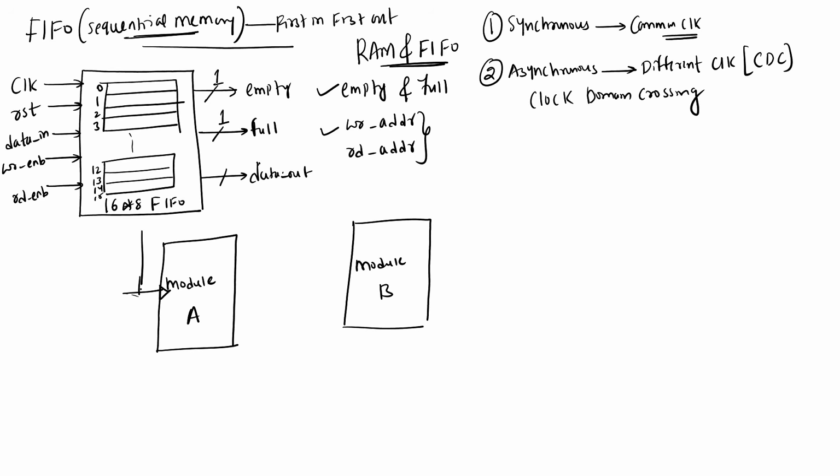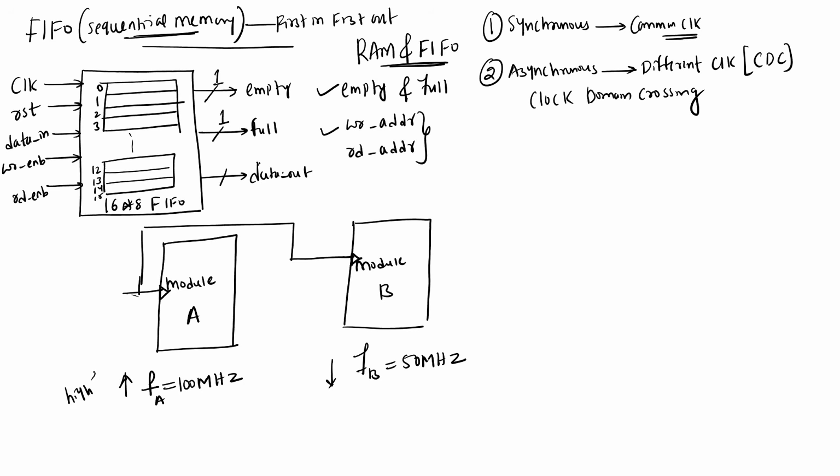Both operate at the same clock frequency. But suppose the frequency of module A is 100 megahertz, and the frequency of module B is 50 megahertz. So this is operating at high frequency, and this is operating at low frequency.